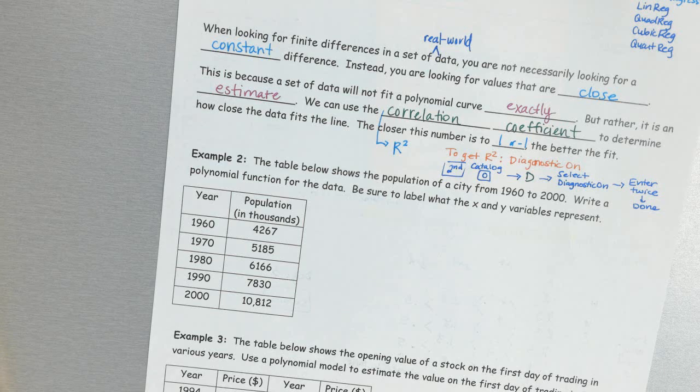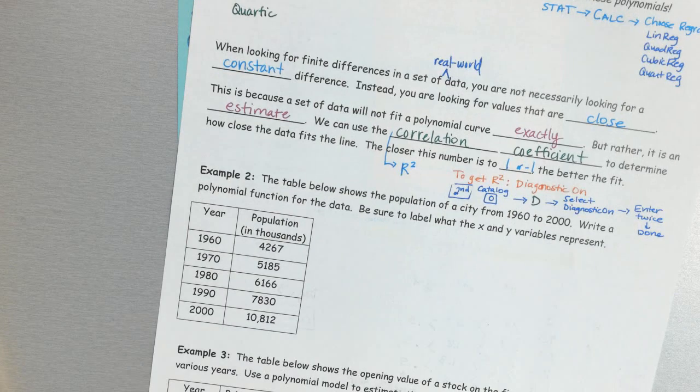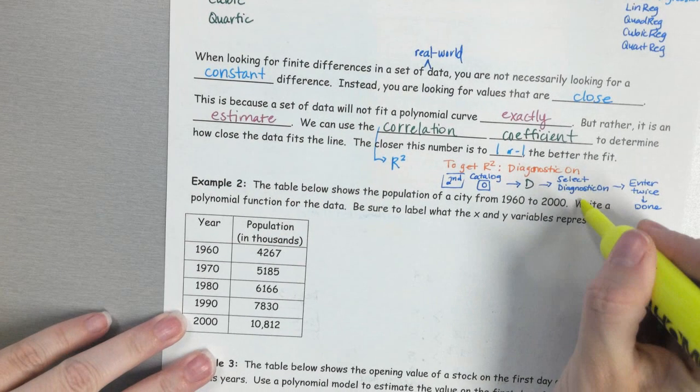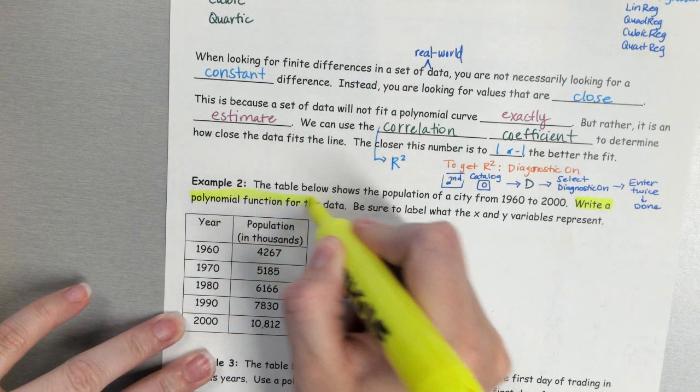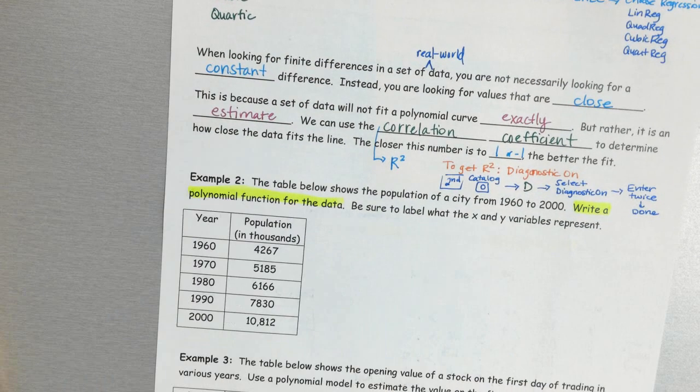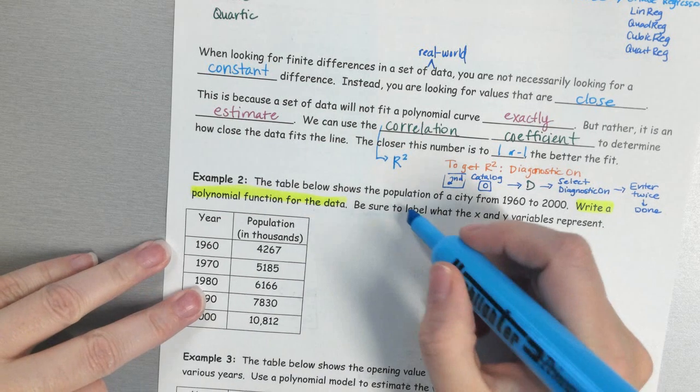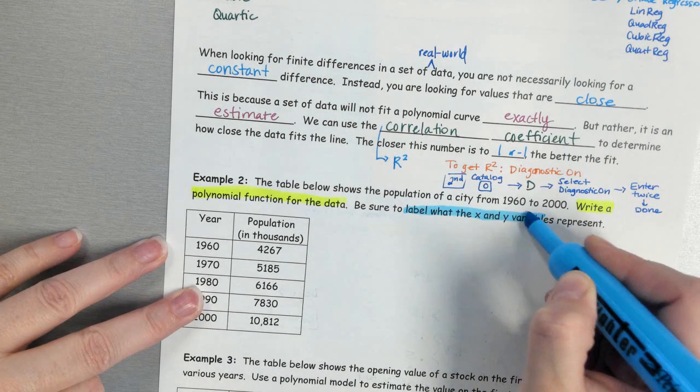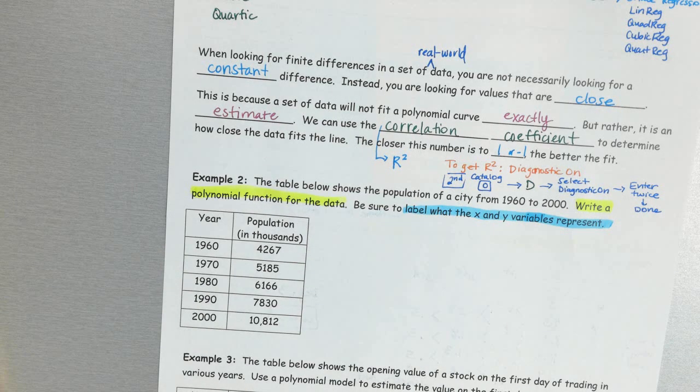And then there's another thing that they tell you to do. Make sure that you label what your x and your y represent. We're going to talk about that. So we want to make sure we label what the x and y variables represent.